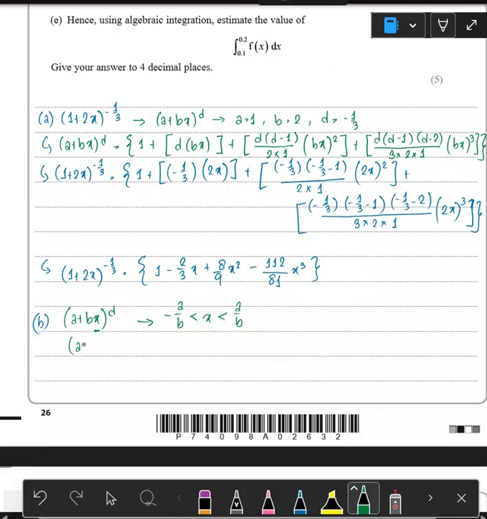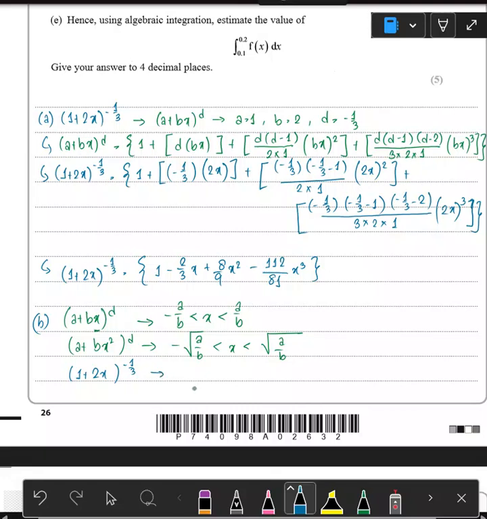And if you have the expression in x squared, you just add a square root in front of the a by b, so it's negative root over a by b less than x less than root over a by b. But in our question, we have the expression 1 plus 2x to the power negative 1 by 3.